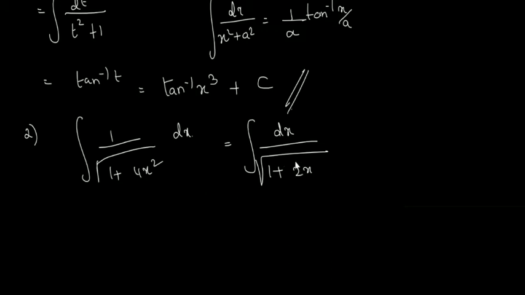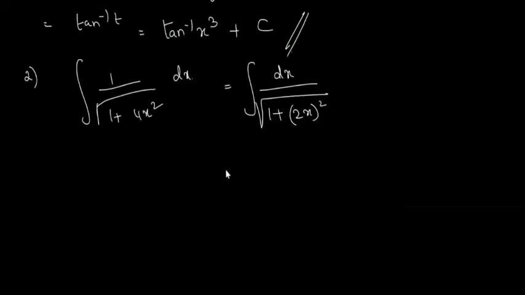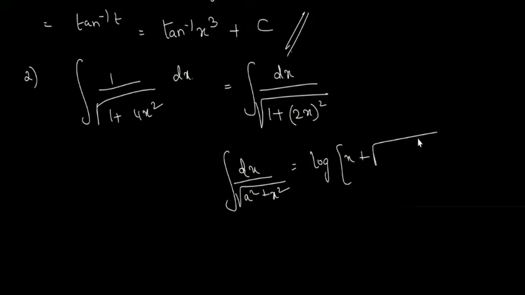So 4x square can be written as 2x the whole square. So the formula is actually dx by root of x square plus a square is log of x plus root of x square plus a square.